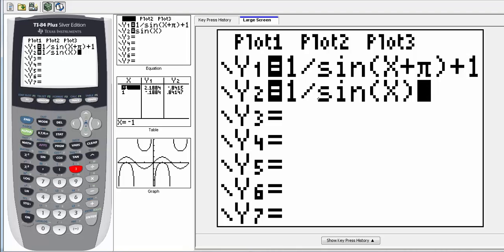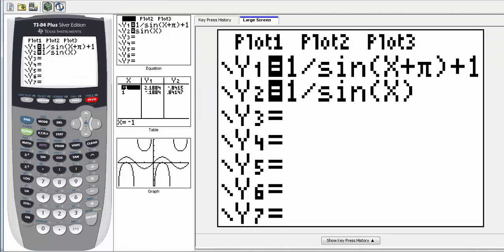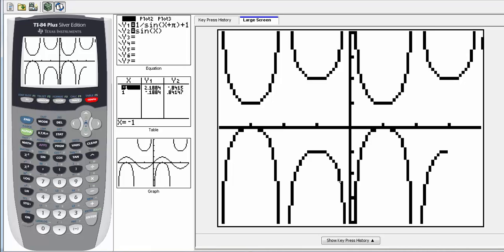So here I want to look at just the cosecant function and see how it's been moved in relationship to the cosecant of x plus pi plus 1. And let's see if this doesn't look too bad to look at. So if we look at the graph, so notice here we now have the plain cosecant.